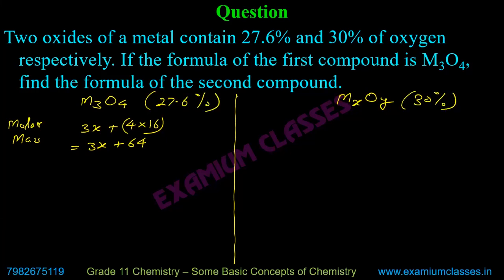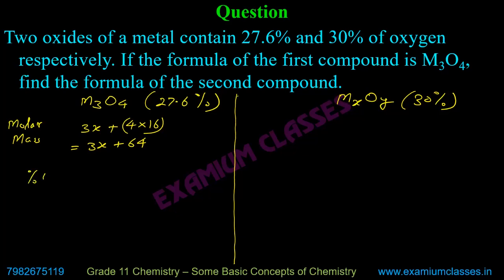Now I will make use of the data given, that the oxygen percentage is 27.6. I know that this is the molar mass of the whole compound, out of which 64 is oxygen.